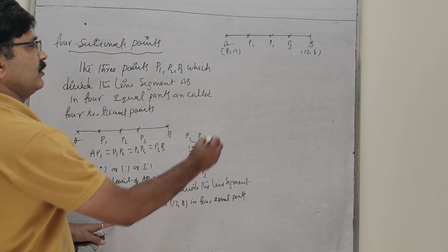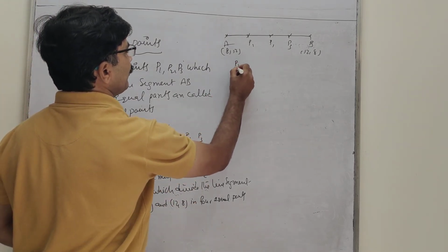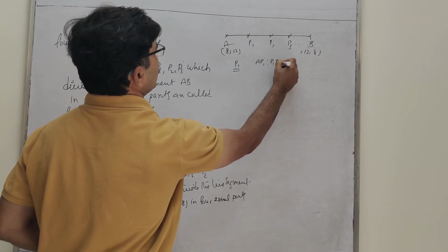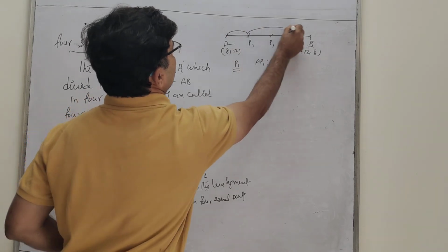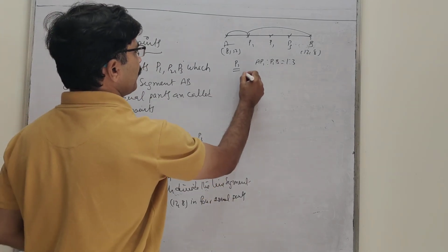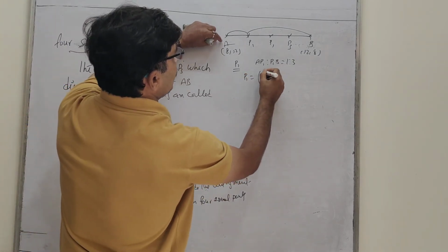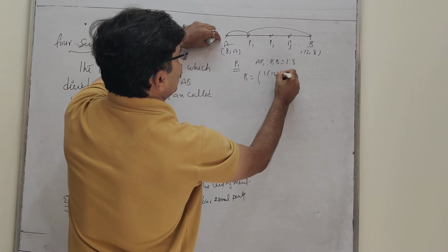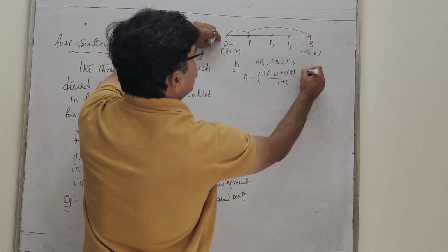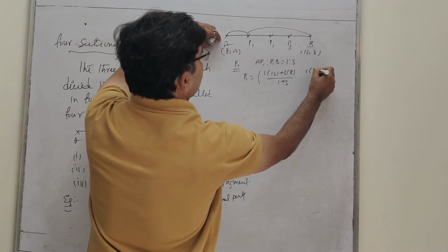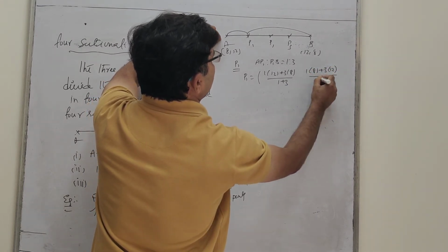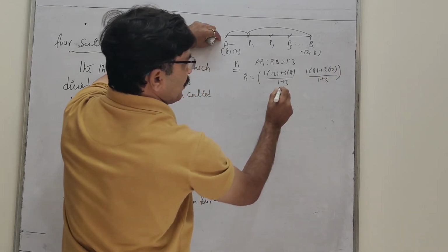To find P1, AP1 to P1B is the ratio 1:3. So P1 is (1 into 12 plus 3 into 8) divided by 1 plus 3, and (1 into 8 plus 3 into 12) by 1 plus 3. You will get P1 over here.